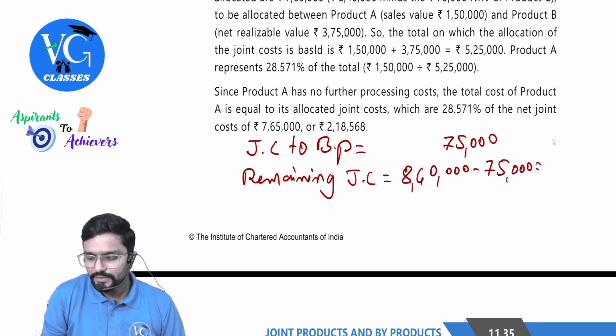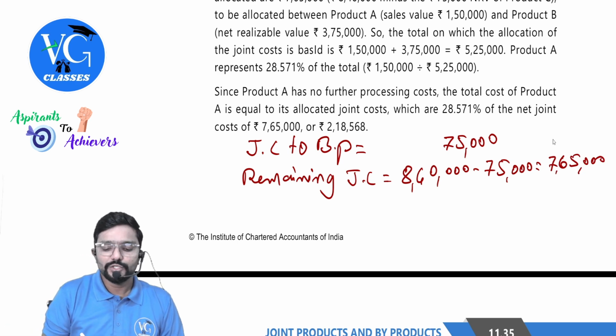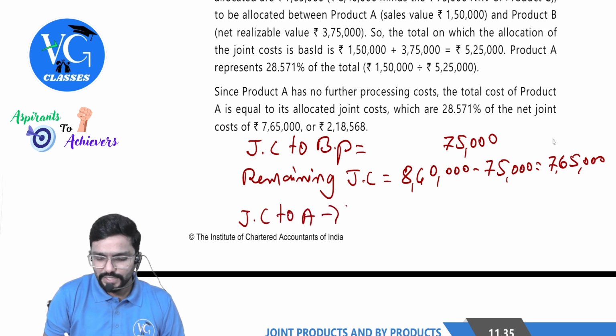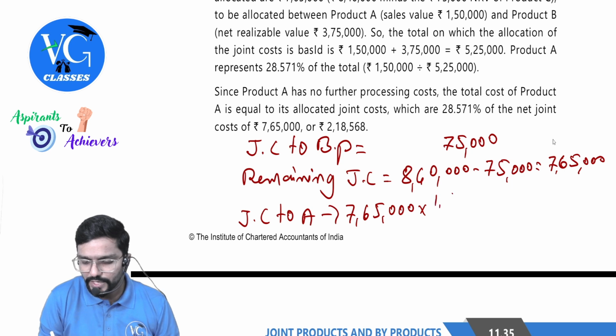How much is that? 7 lakh 65. Now joint cost to A. How much, sir? 7 lakh 65,000 into the net realizable value of A, 1 lakh 50,000, divided by 5 lakh 25.